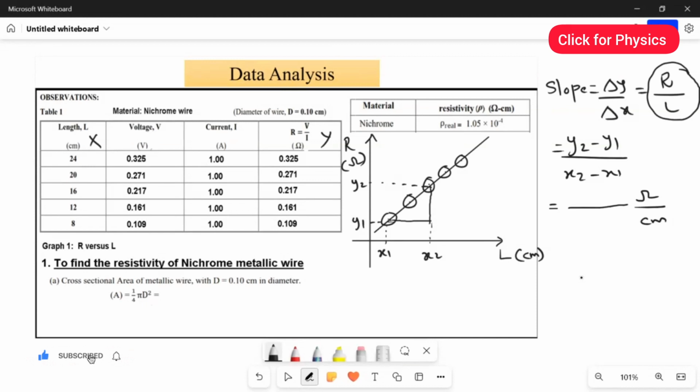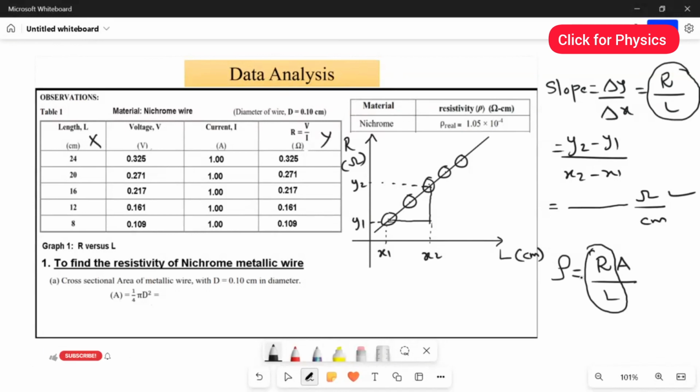So for that, we have to use the equation resistivity rho, which is equal to resistance multiplied by area divided by length. So here, this R over L, resistance over length, is nothing but our slope value. Clear? So here R over L is our slope value.